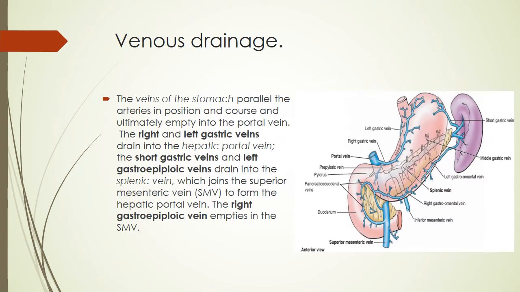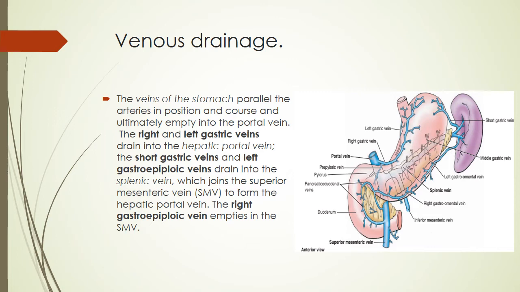Veins of the stomach follow the arteries in position and course, and ultimately these veins drain into the portal vein. Now, in the abdominal cavity, there are two parallel venous systems. One is the vena cava system through the inferior vena cava and systemic veins, and the other is the portal vein, which drains the whole of the gastrointestinal tract.